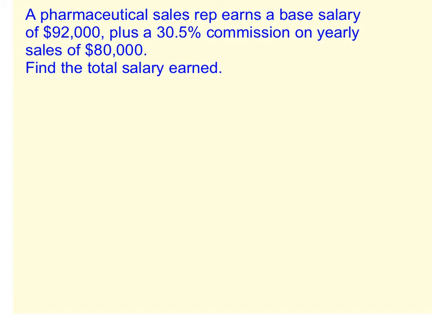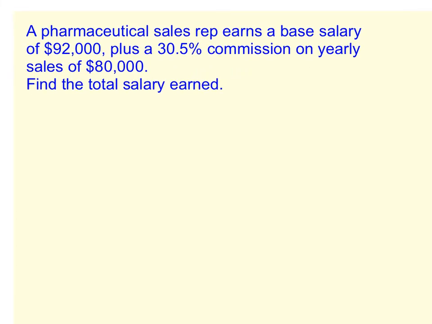All right, next example says a pharmaceutical sales rep earns a base salary of $92,000 plus a 30.5% commission on yearly sales of $80,000. Find the total salary earned.